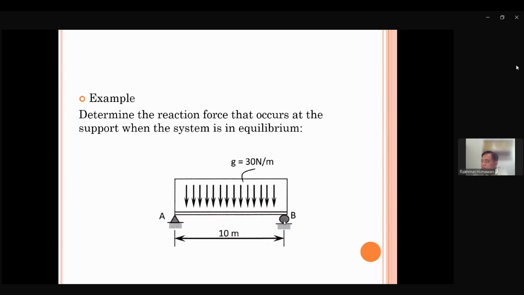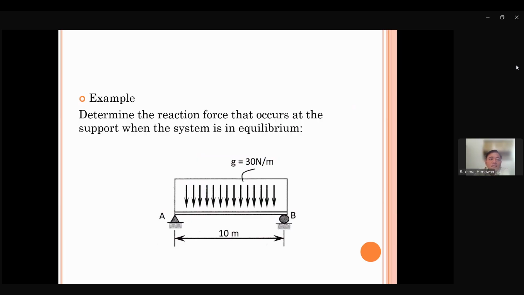Point B is a roll support with the distance. So for this condition, determine the reaction force that occurs at the supports when the system is in equilibrium. It means this rod doesn't move. What's the reaction force at A and B?